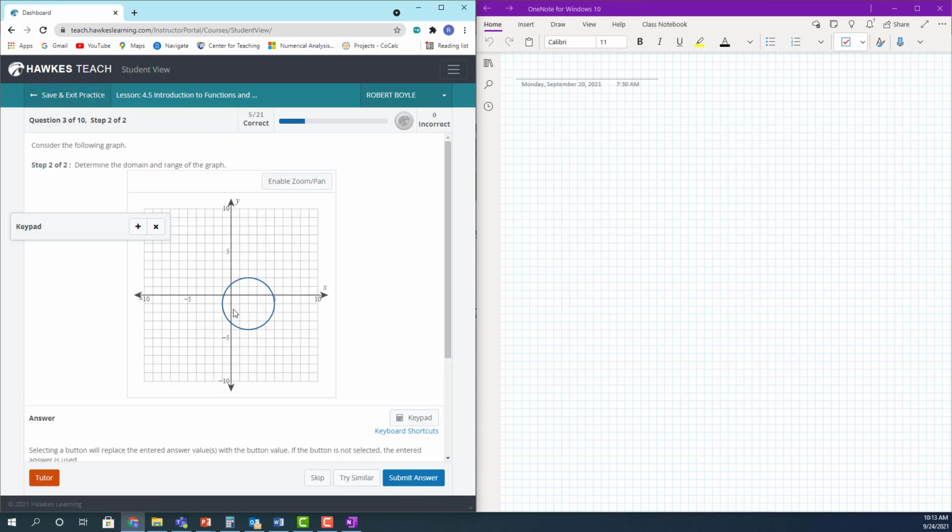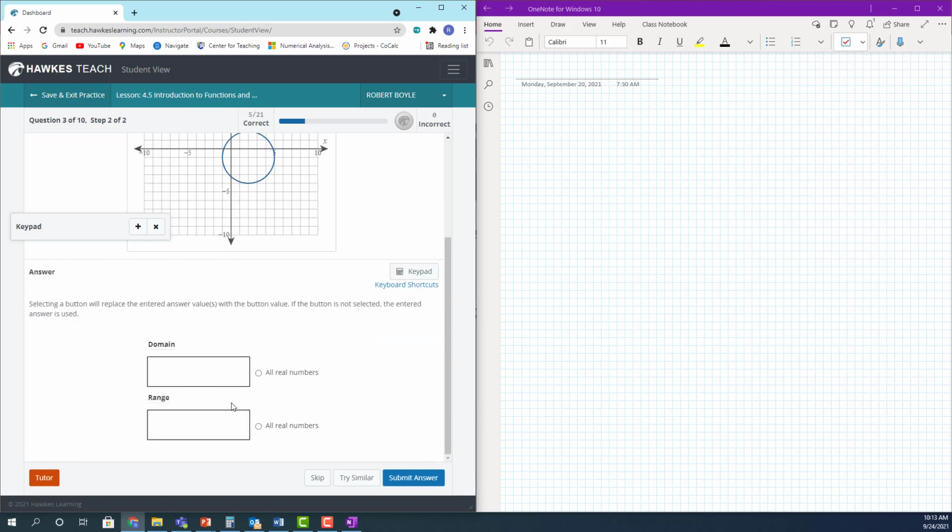Well, notice the x values range from negative 1 all the way up to 5. So since the x values range from negative 1 to 5, its domain is going to be the closed interval from negative 1 to 5, because it includes negative 1 and 5.